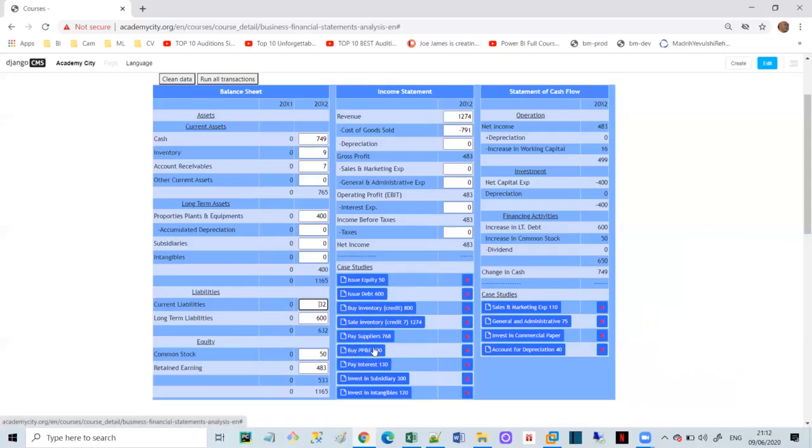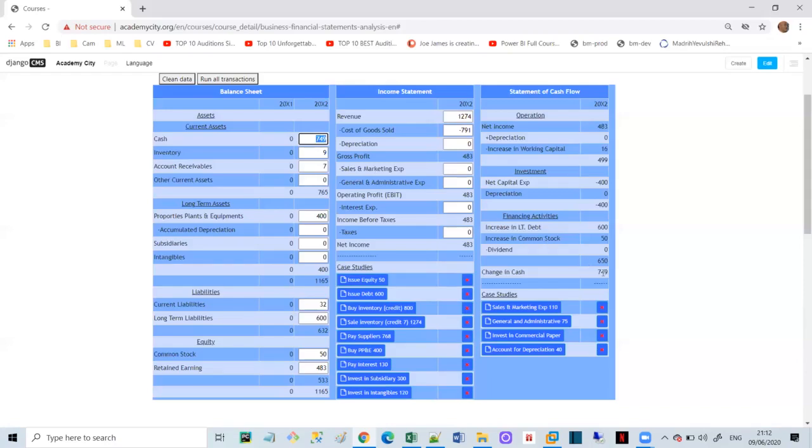Okay, so we just bought property, plant, and equipment. We saw there is no effect on the income statement. It did increase the long-term assets, and it reduced the cash. So again, the cash went down by 400, the same amount as in the statement of cash flow.